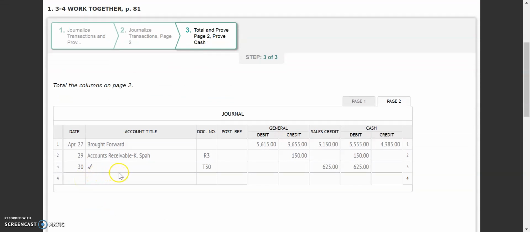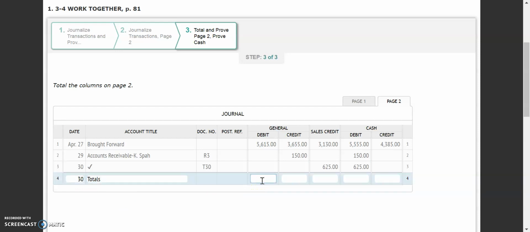Once again, notice that they are doing the rule for you. Obviously, if you were in your workbook or on the test, you would need to do that rule. April has 30 days, so we plug the 30th in. The last day of the month is always the day that you do totals, and that is what we put in for our account title is totals. And then we come over here and we just total up.